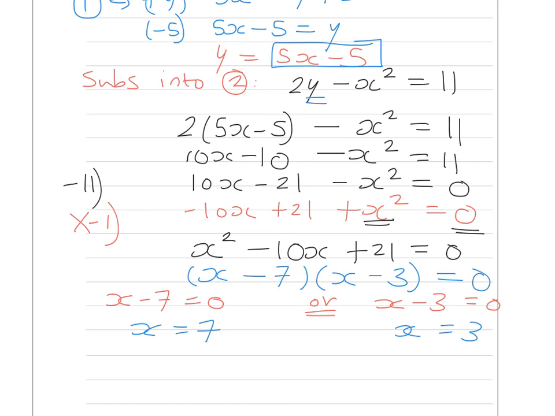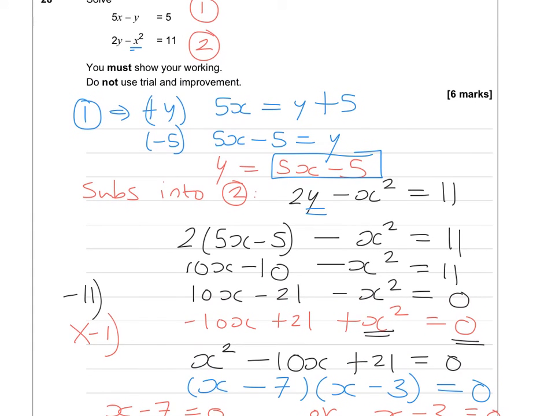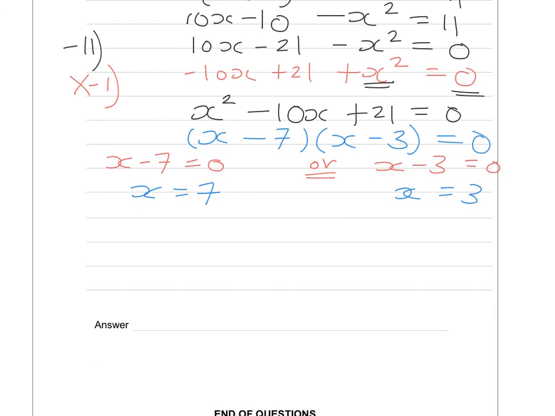We're not finished because we have to work out the matching y coordinates. Remember earlier on we rearranged the equation up here and said that y was equal to 5x take away 5. So y is equal to 5 times 7 take away 5, which is 35 take away 5, which is 30.